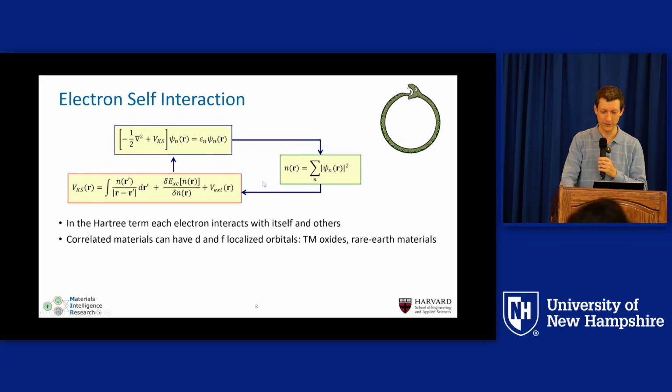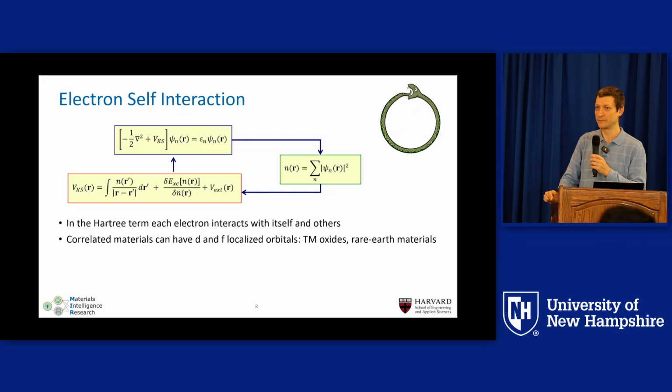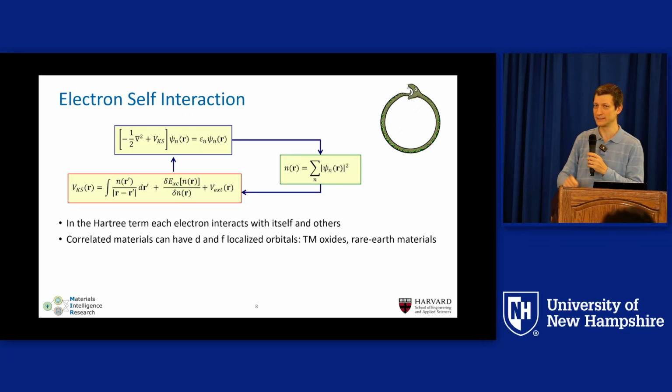So just to very quickly review how DFT is typically implemented. This is the Kohn-Sham DFT procedure. It basically starts with formulating the whole problem in terms of an auxiliary set of independent electrons, and it's just a way of representing the density in the end. It's quite efficient because you can write down exactly the kinetic energy for independent non-interacting electrons.